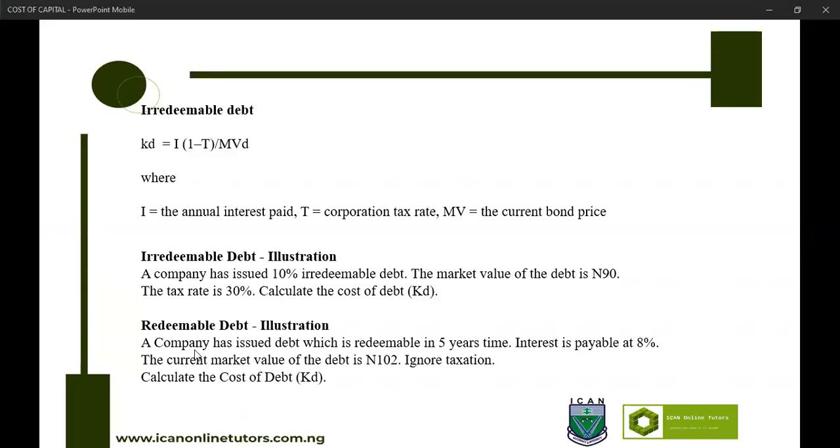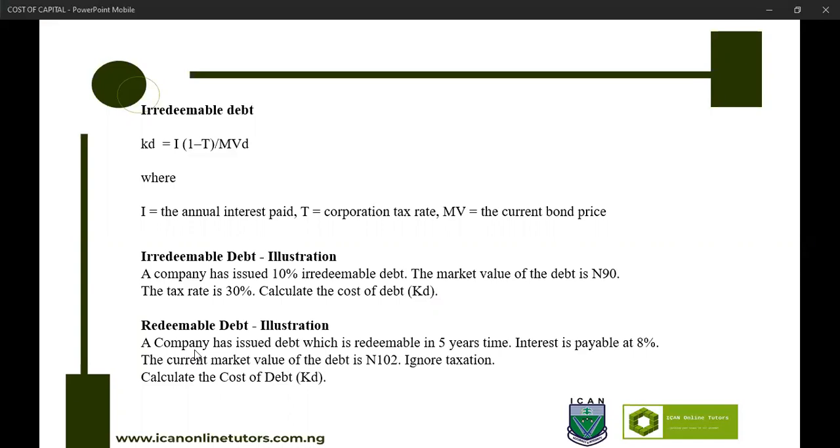Redeemable debt illustration. A company has issued debt which is redeemable in 5 years' time. Interest is payable at 8%. The current market value of the debt is 102 naira. Ignore taxation.